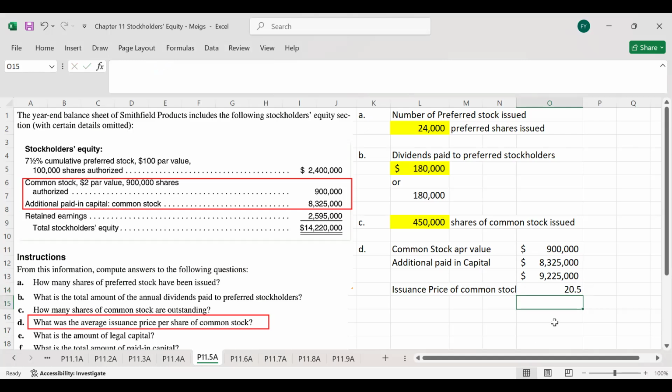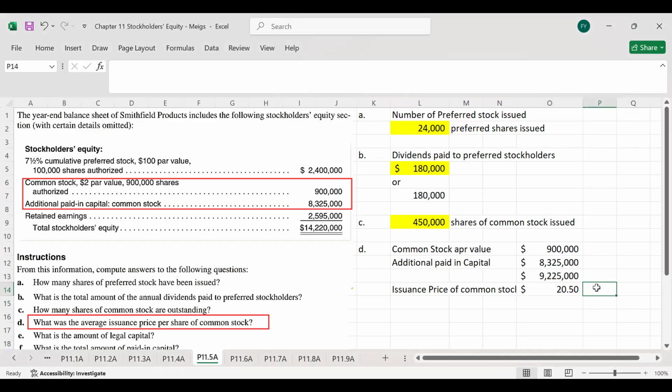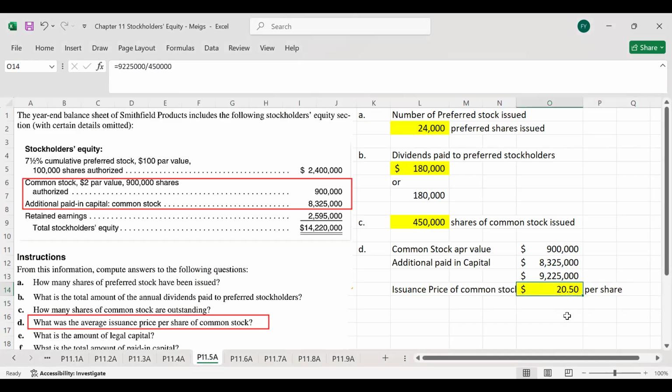Here it is in terms of dollars. So $20.5 per share is the issuance price, or the price at which the common shares were issued, and this 20.5 includes the par value as well as the premium amount or additional paid in capital.